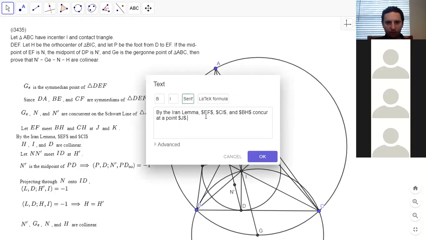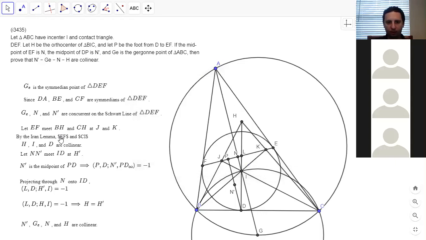I'll say define case, oh, I already defined J and K. So I'll say CI passes through J.